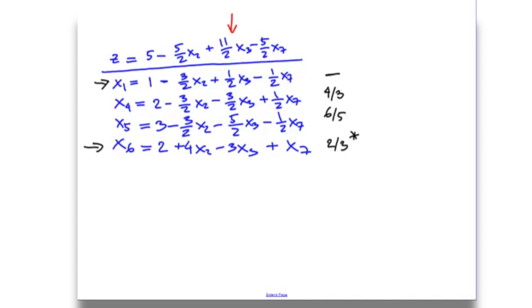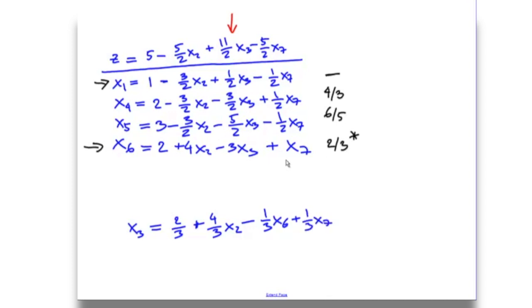Now we need to perform the pivot. We move x3 to the left and divide everything by 3, because the coefficient was -3 here. So we'll have 2/3 plus 4/3 x2, then minus 1/3 x6, and plus 1/3 x7.